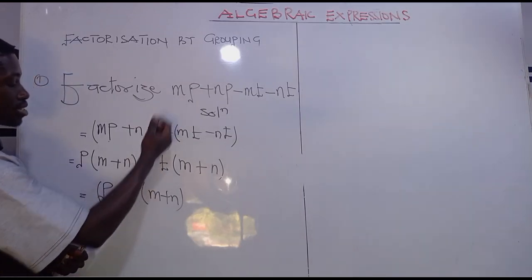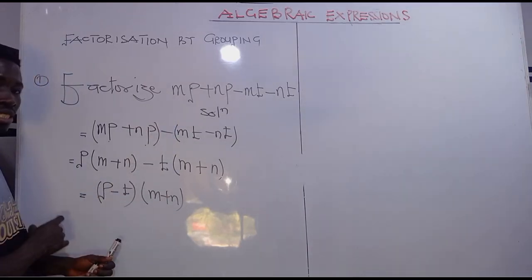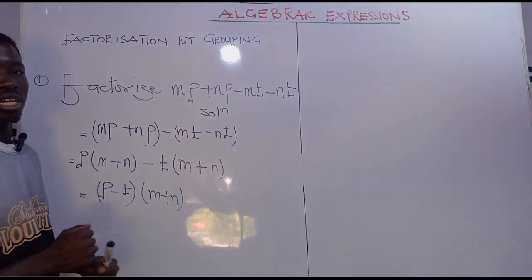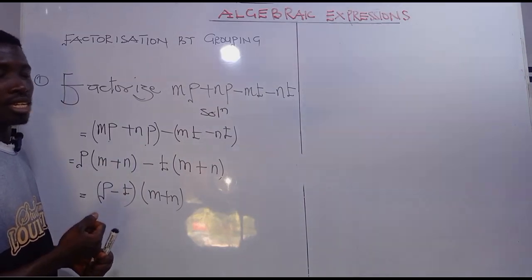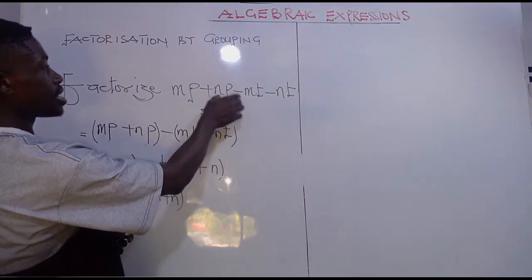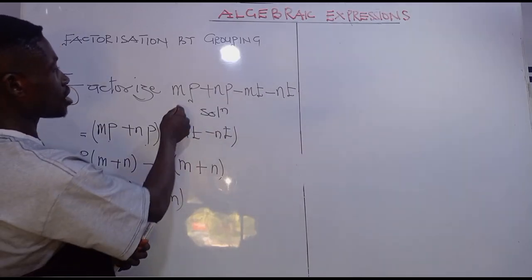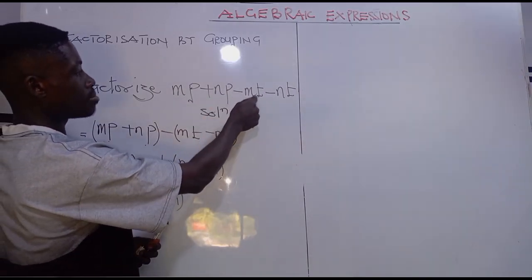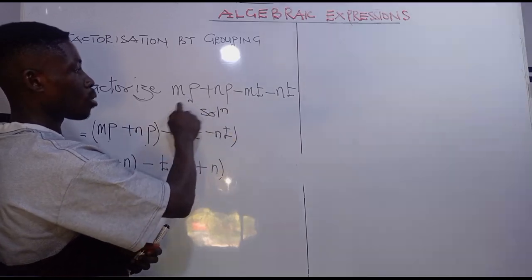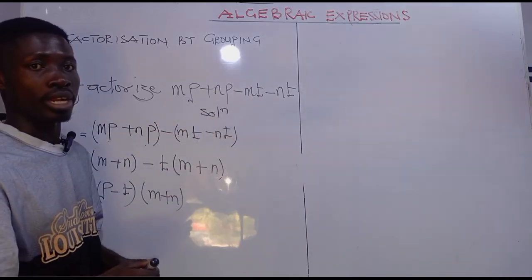Now, anytime you factorize algebraic expression, when you expand, you should get the original expression back. Is that clear? Good. Now, with this same question, somebody may also say we can choose MP and then MT because M is common to these two terms. So let's try that one and then see.